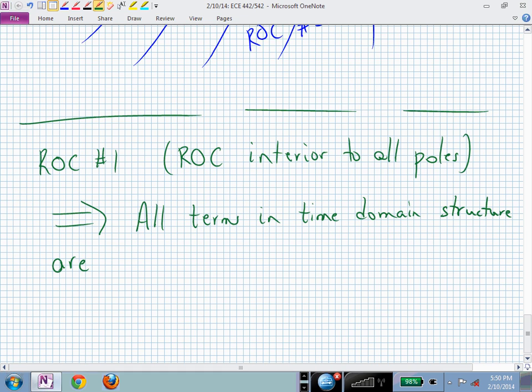Causal or non-causal. My region of convergence is interior to all the poles. So now we have a 50-50 chance, right? These are now negative time indices.